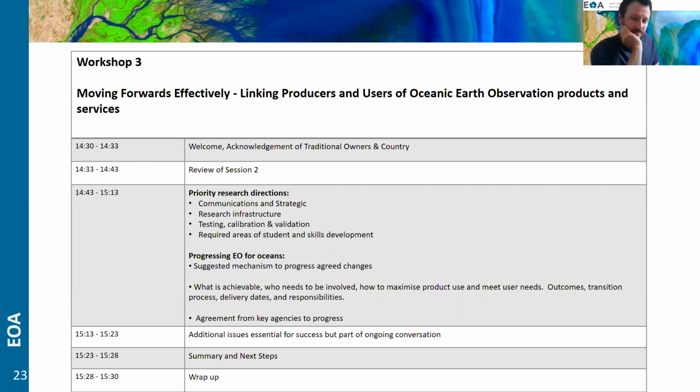Just to build a bit on that, I think Shane's point's a really good one, and there's a little bit of back history here, so apologies for the little story. When the last NCRIS roadmap came out in 2016-17, environmental systems was one of the priority areas there. They identified areas to be built up, highlighted IMOS in turn, and then highlighted the need for more coordinated Earth observation applications.